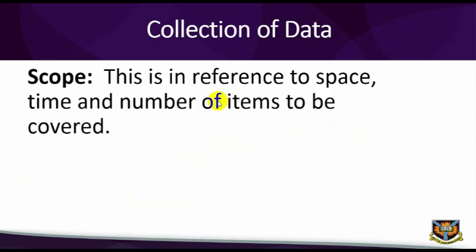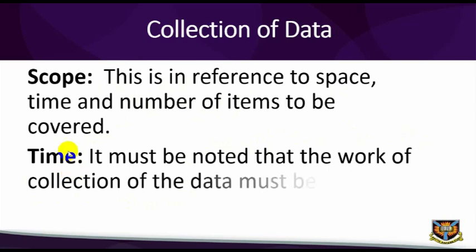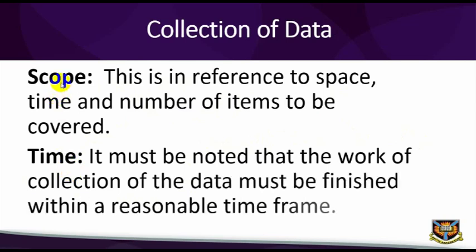Scope of inquiry. 1. Scope. This is in reference to space, time, and number of items to be covered. With regard to space, one may be interested in a particular city, a local government, a state, or the entire country. 2. Time. The work of collection of the data must be finished within a reasonable time frame.